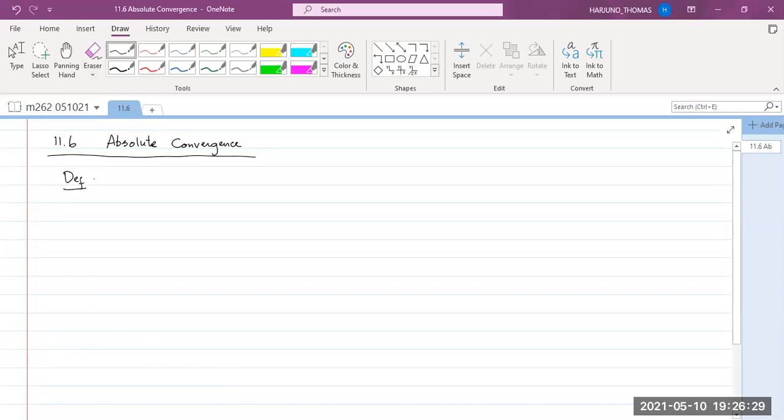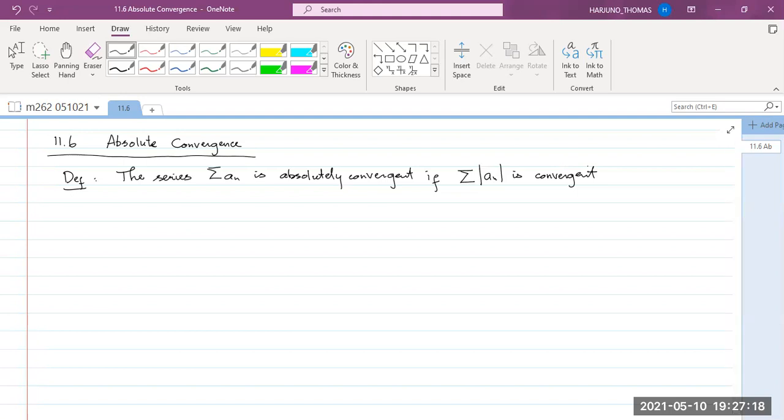Definition: the series A sub n is absolutely convergent if the series of the absolute of the term is convergent. Okay, that's the first definition.